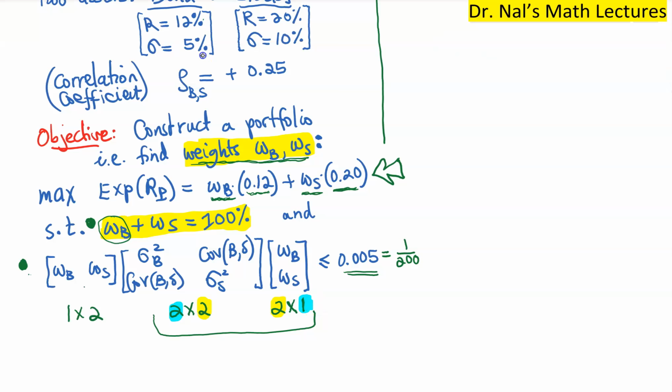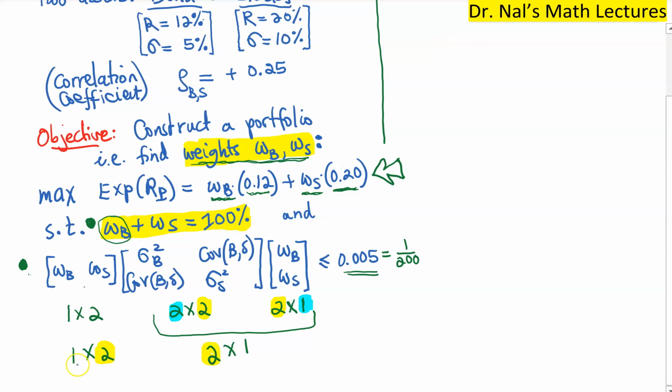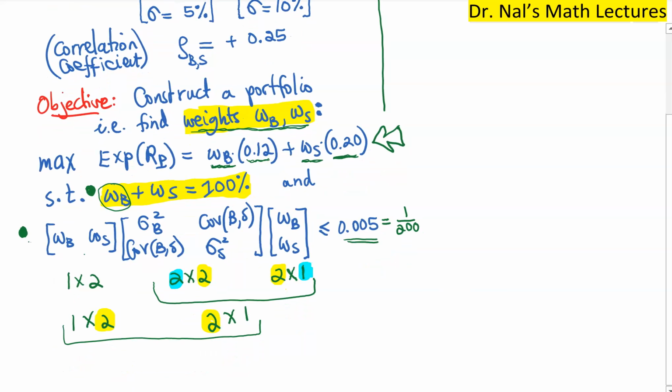Let me just go ahead and write that down. And then because the very first one was a 1 by 2 matrix, again, the number of columns of the first matrix is equal to the number of rows of the second matrix. As a result, the final outcome, when I further multiply these two, will end up being a 1 by 1 matrix. But a 1 by 1 matrix is just a number.